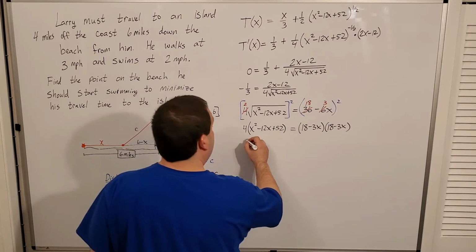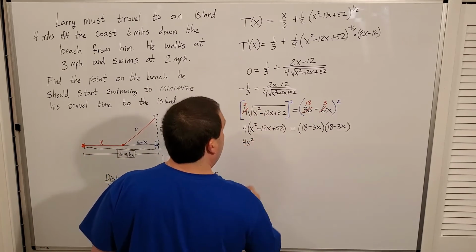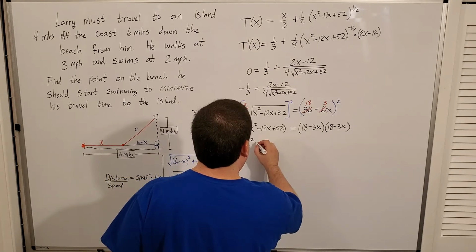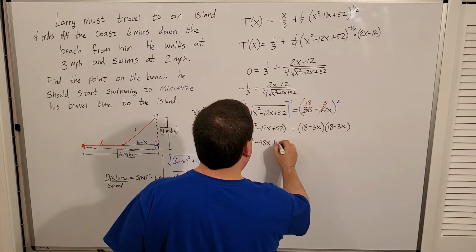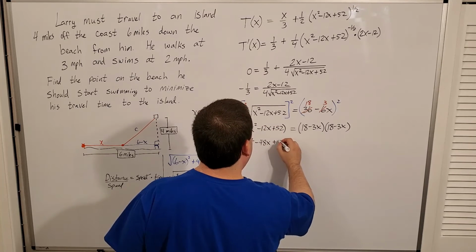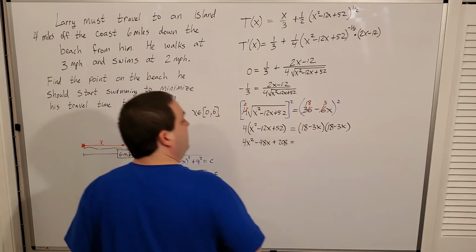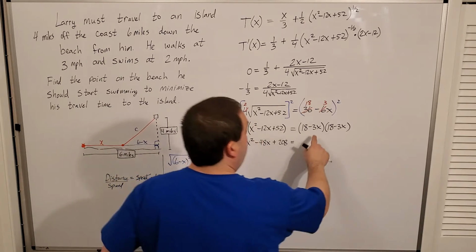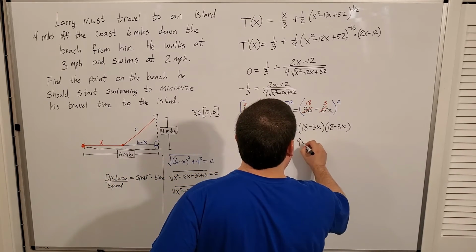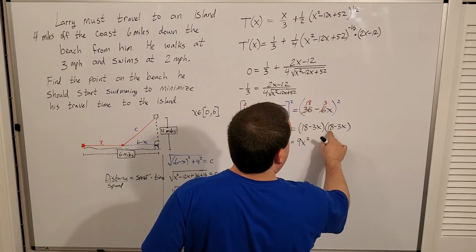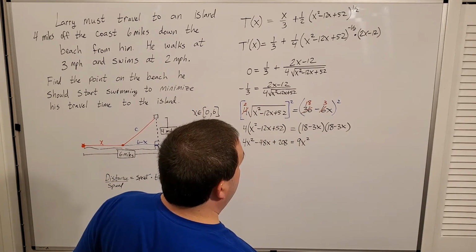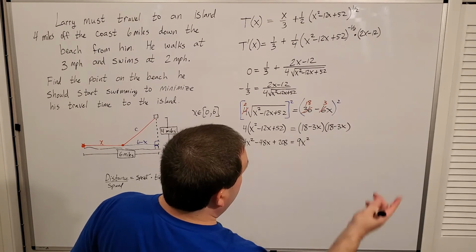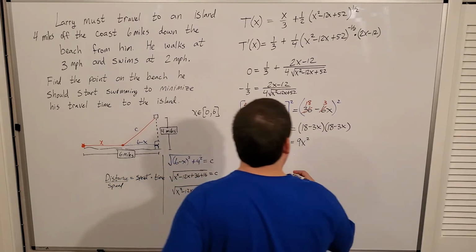So let's see, 4x squared and then minus 48x and then plus 208 is equal to, here I'm going to have 9x squared. 3 times 18 is going to be 54, but done twice, 108.